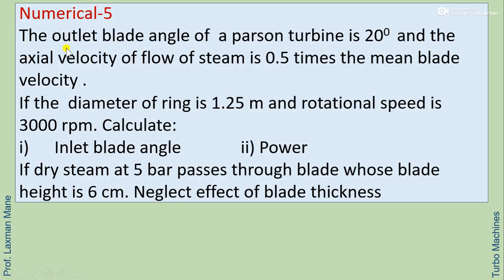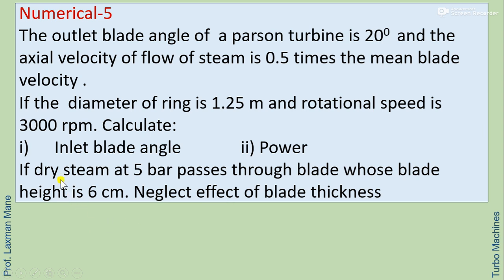Next numerical, in which outlet blade angle of Parsons turbine is given, axial velocity of flow of steam is 0.5 times the mean blade velocity, diameter of ring and rotational speed are given. Calculate inlet blade angle and power, if dry steam at 5 bar passes through blades whose blade height is 6 cm, neglecting effect of blade thickness.